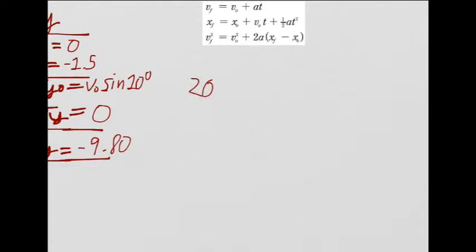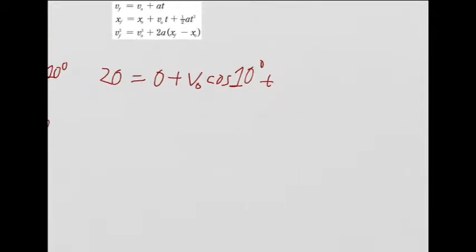Final is 20 equals, initial x is 0 plus initial velocity, which is initial velocity cosine of 10 degrees times t, plus no acceleration in the x direction, so that part's a big fat 0.